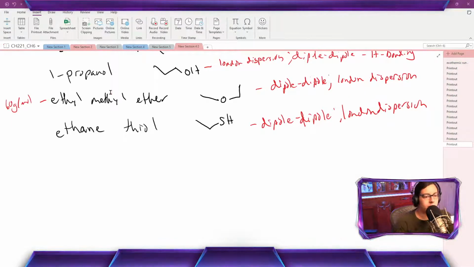And so its mass is 62. So again, this is a pretty hard call between these two. So now I'm trying to look at some other things to help us.